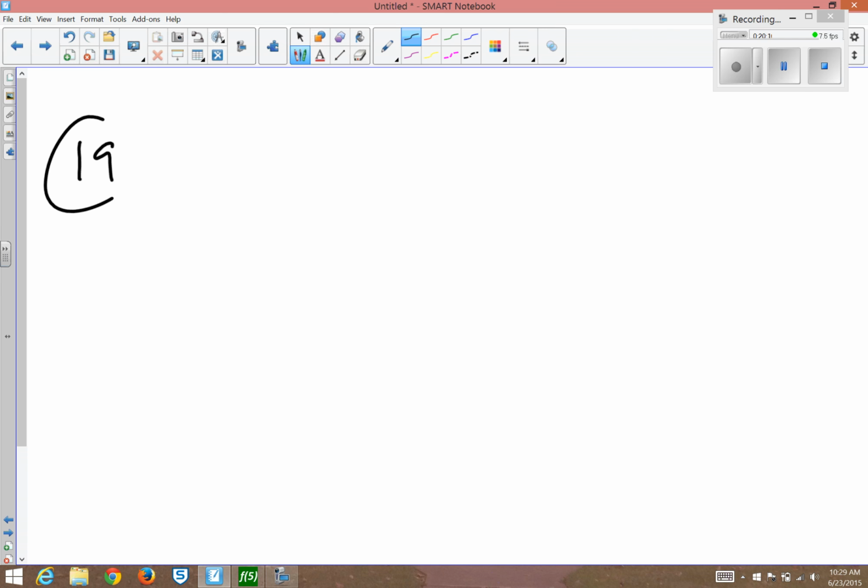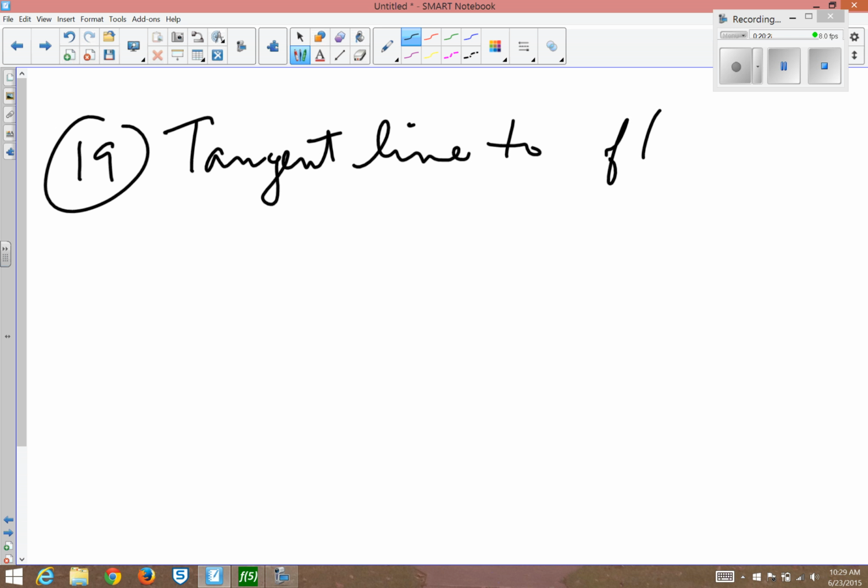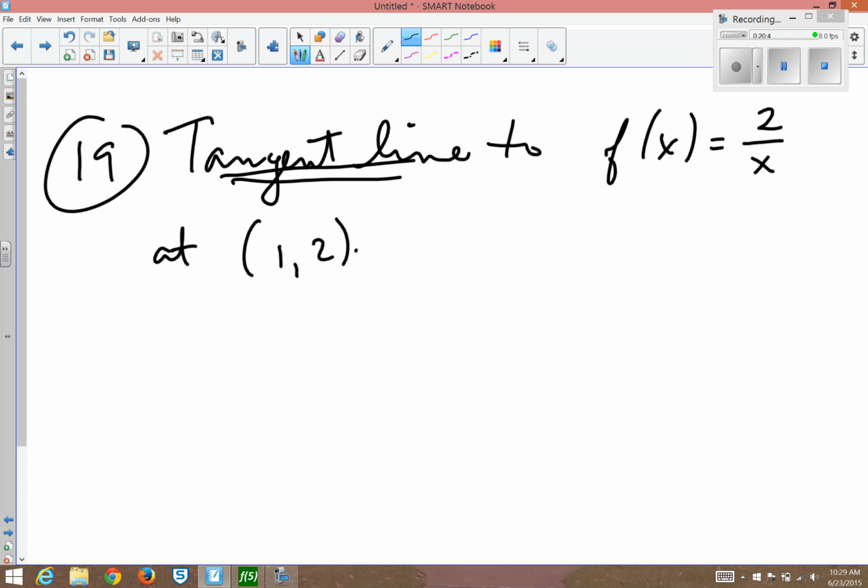Exercise 19, which is the last one in this video, is to find an equation of the tangent line to the graph of the function we just worked with at the point 1, 2. Well, first of all, the derivative of that function is what we just found in the last exercise.